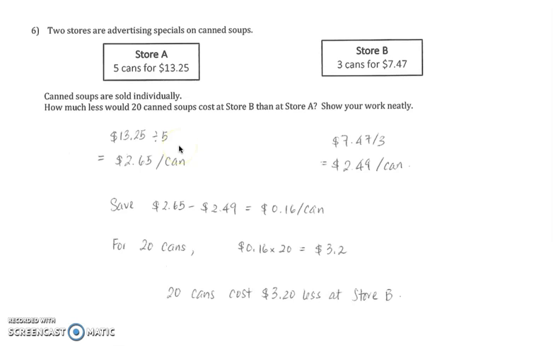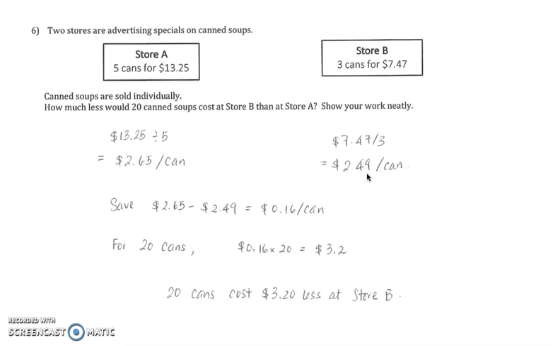So first, calculate the unit price from each store. So divide the price of 5 cans of soup in store A by 5. They sell each can at $2.65. And then in store B, they sell 3 cans of soup at $7.47. So divide 7.47 by 3. You know that they are actually selling each can at $2.49.